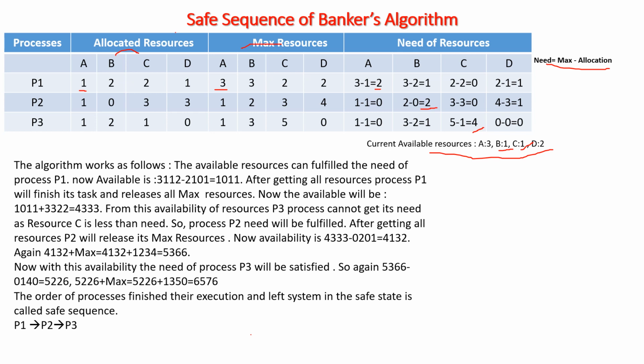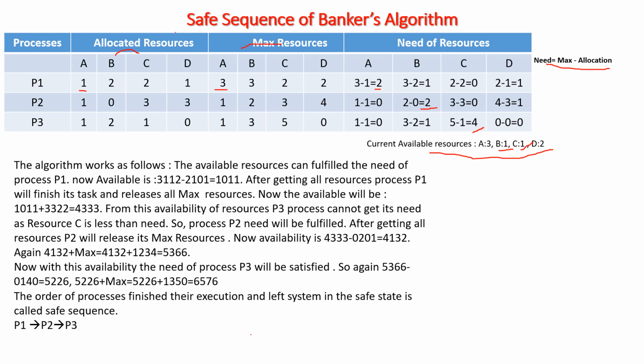So when the process P1 gets its execution over by the need of its resources, then it will release all its maximum resources because it does not require these resources any further because it has finished its execution.